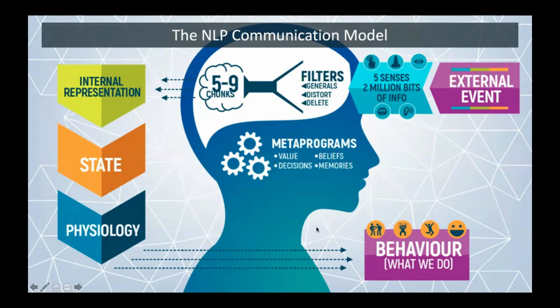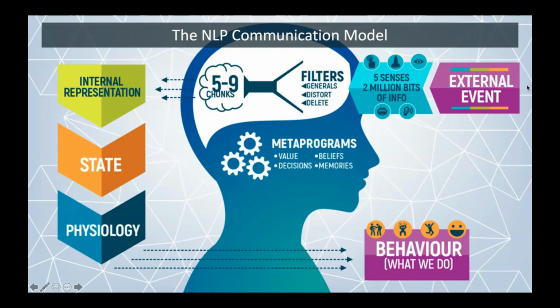Out here there is reality, the external event. External to us is the world, and the events that are happening. We take in the information from the world through our five senses: touch, smell, sight, sound, and taste.